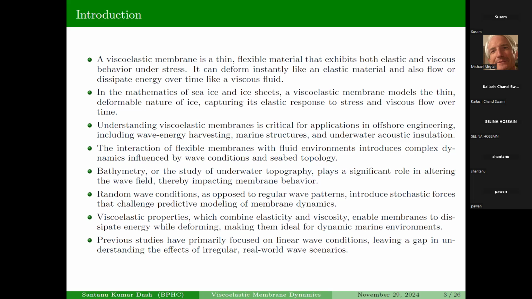In the present context, the viscoelastic membrane has been modeled as a thin, deformable structure, and for offshore engineering applications, including wave energy harvesting and marine structures, understanding such structures is highly valuable to ocean engineering.